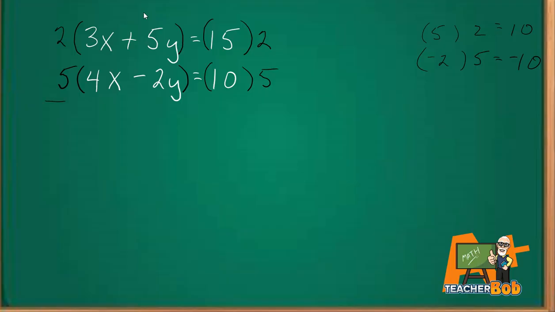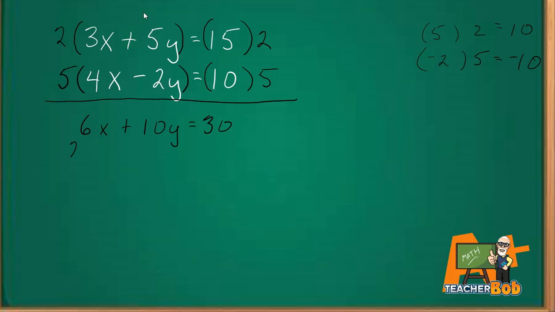Okay, so let's rewrite these equations. So we're going to get 2 times 3x is 6x plus 10y is equal to 30 in the first equation. And for the second equation, we're going to multiply the terms inside the parentheses with the 5 on the outside.